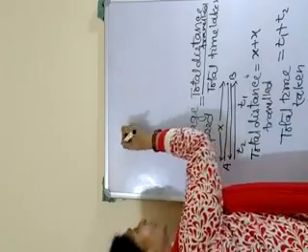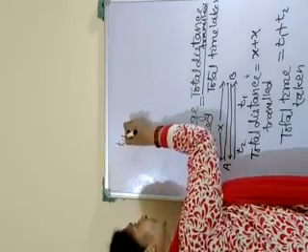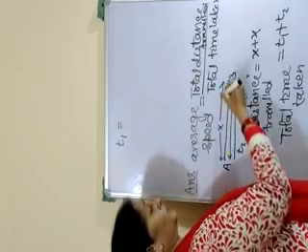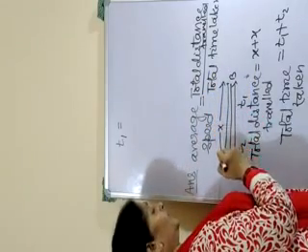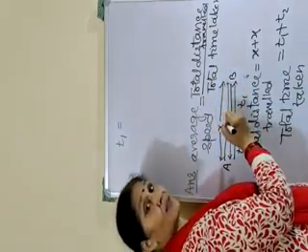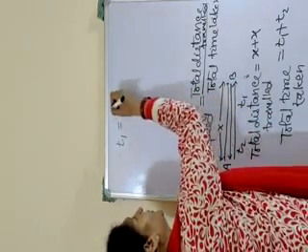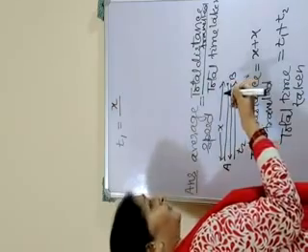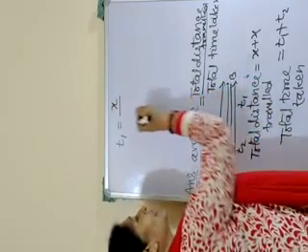t1 is time taken to go from A to B. The distance between A to B is assumed as x. Then it will be x by average speed. Average speed given in the question is 30 kilometer per hour.